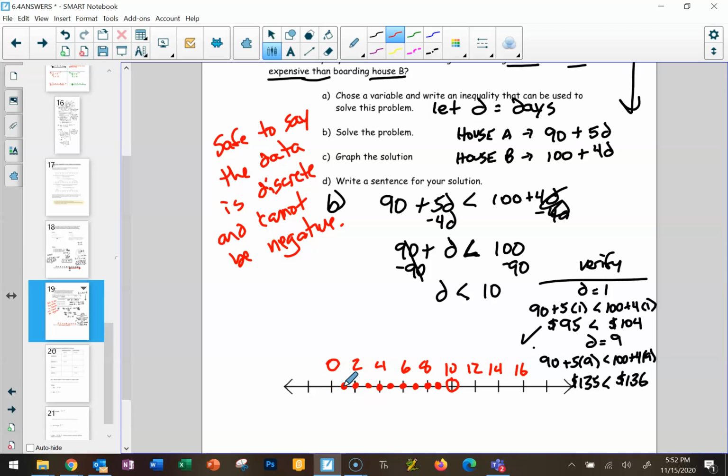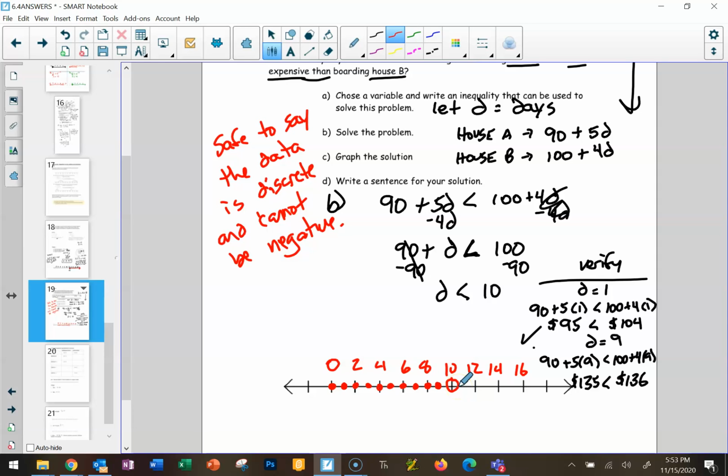And I guess theoretically, we could also put a dot at 0 because, realistically they wouldn't charge him if he spent 0 days, but it would still be 90 is less than 100. So I think there could be a reasonable argument that you wouldn't include the 0 there, but you certainly would have to include 1, 2, 3, 4, all the way up to 9 and not including 10.